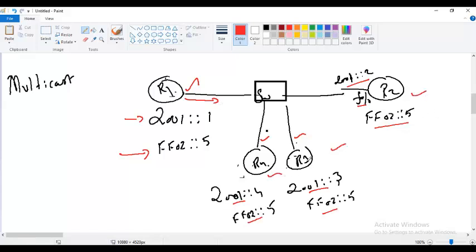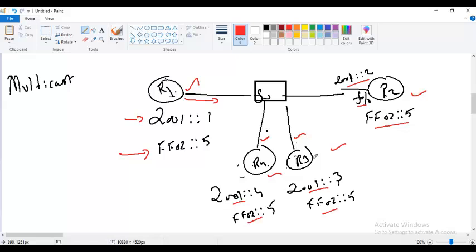You should not think like this: how can a single packet go to everyone? Okay, it may go to R2 and say, hi R2, how are you? And then come back, go to R3, hello R3, hope you're doing well. And then come back, go to R4, hello, are you okay?